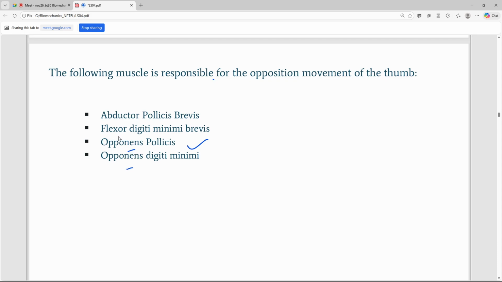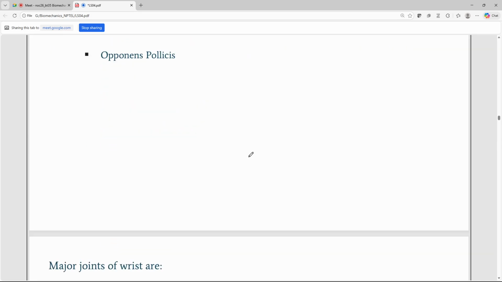Also, if you think in terms of flexion, abduction and extension, then there is a flexor also. So this question can cause confusion. Be clear about the functions of the muscles. The answer is opponens pollicis.